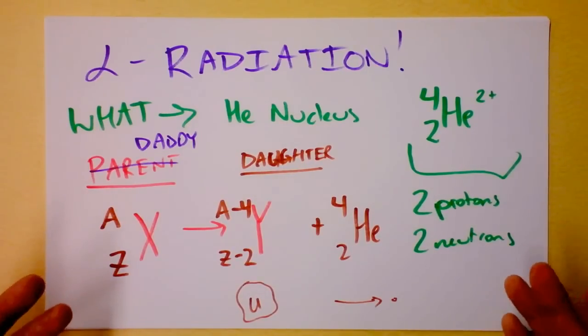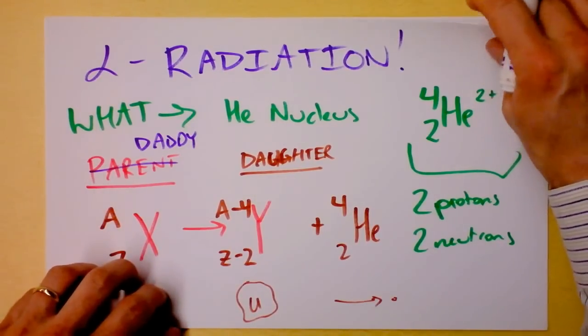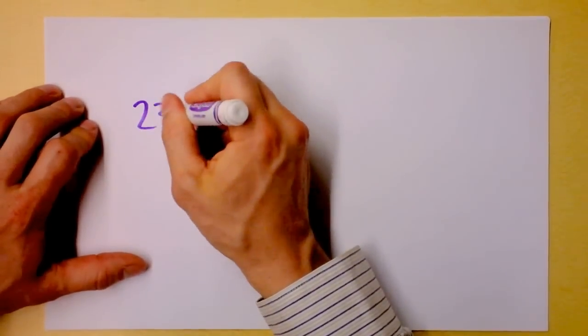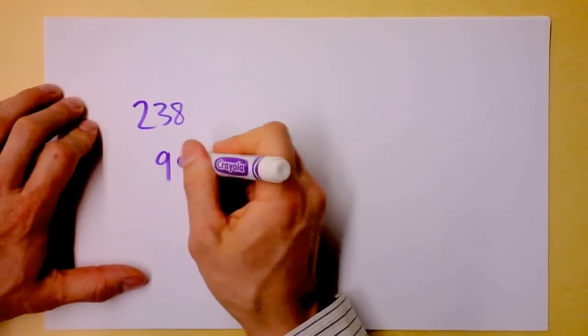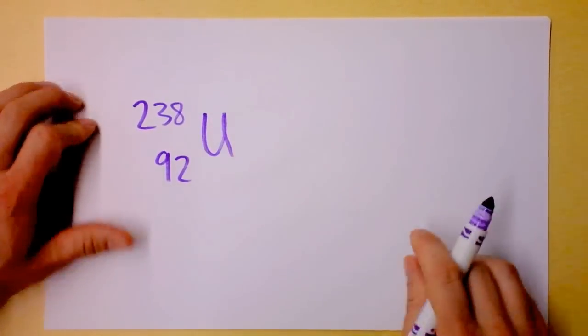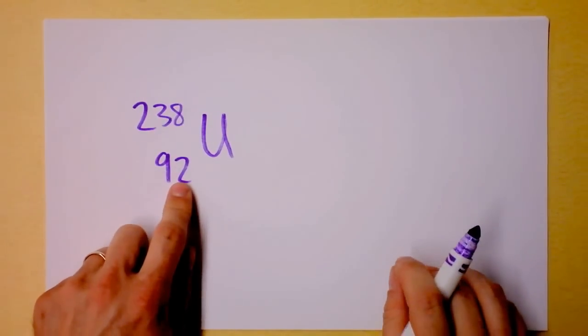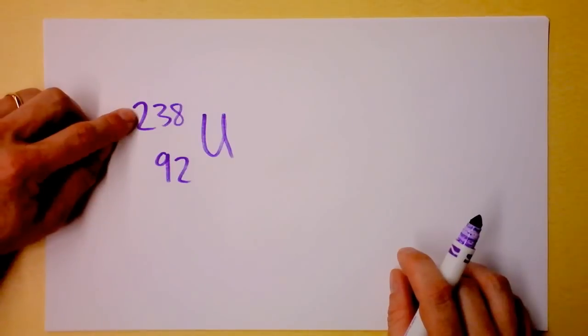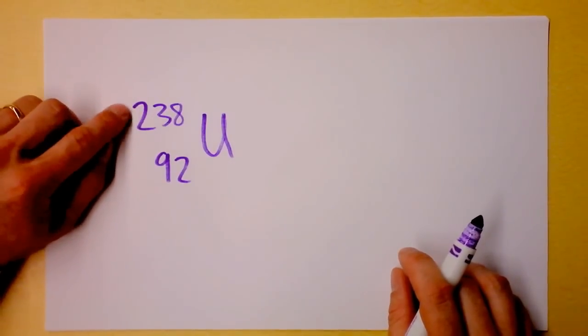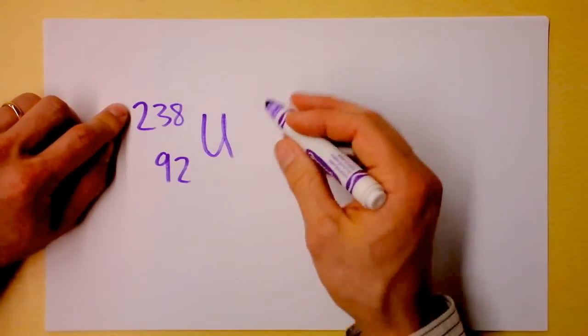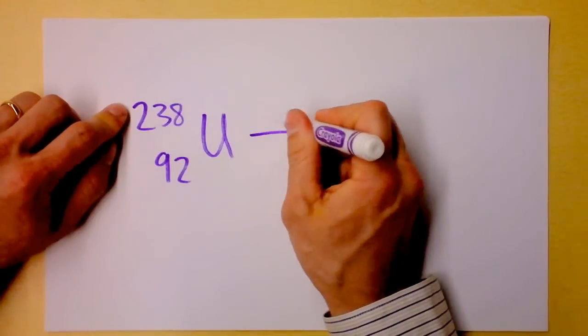So we've got this nuclear decay going on, and I'm going to do a quick example with uranium going to thorium. Let's say you've got uranium-238. I'll tell you why they don't call it uranium-92, and that's because all uranium has 92 down here. But some uraniums have different numbers of neutrons, so I guess that means they're different isotopes.